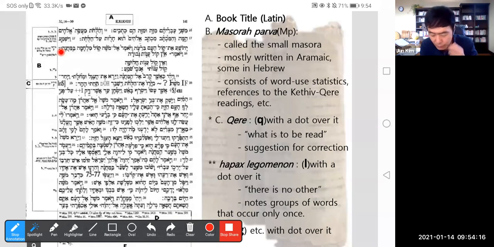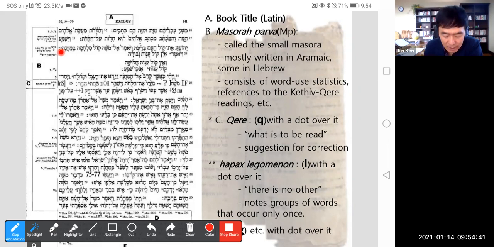This one consists of word use, statistics, and reference to the Qere and Ketiv readings. One more time: MP, Masora Parva, consists of word use statistics. So it provides us a statistic. What do you mean by statistic? Let me draw your attention to something here.